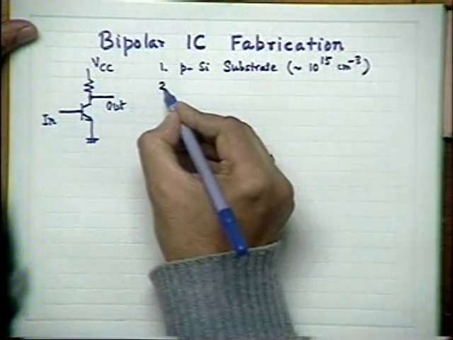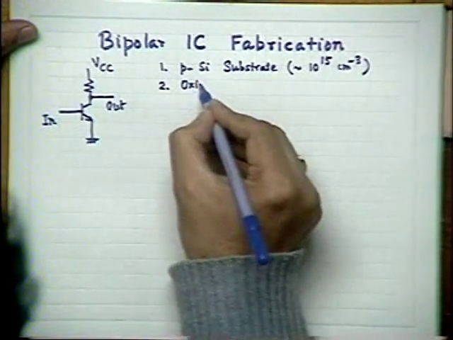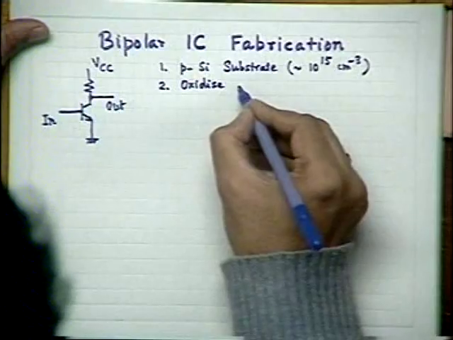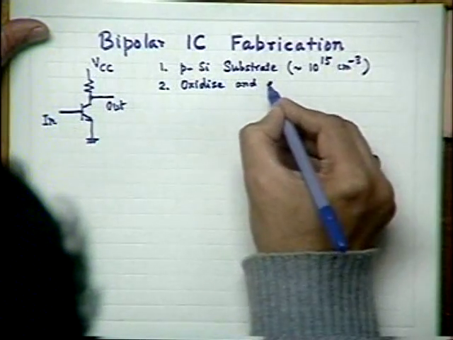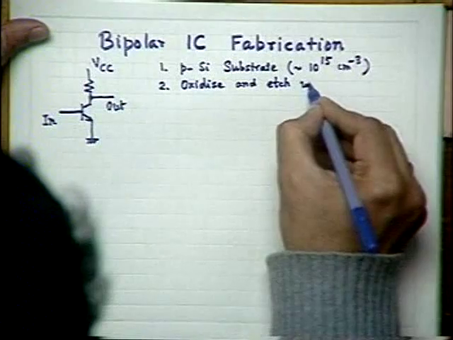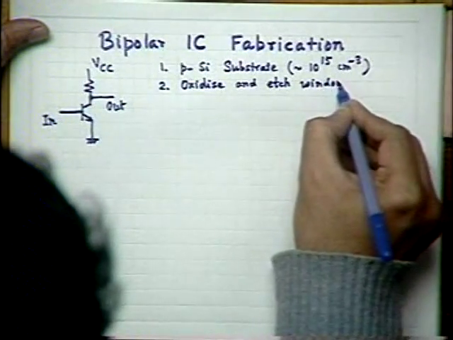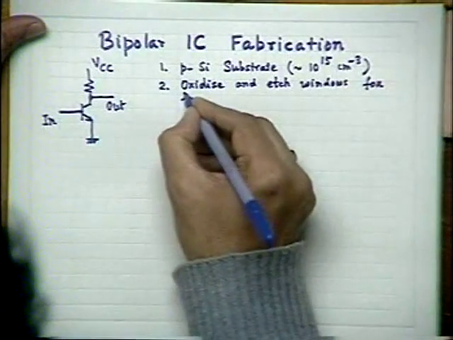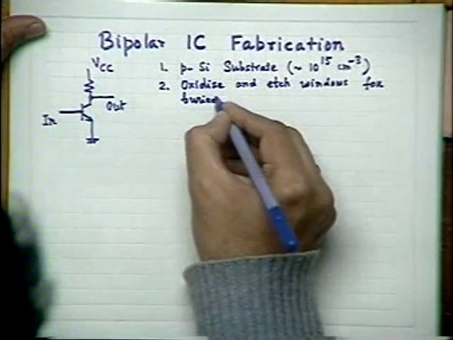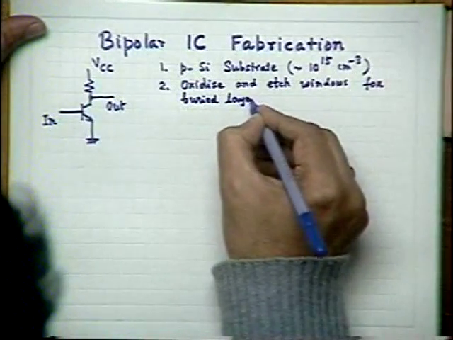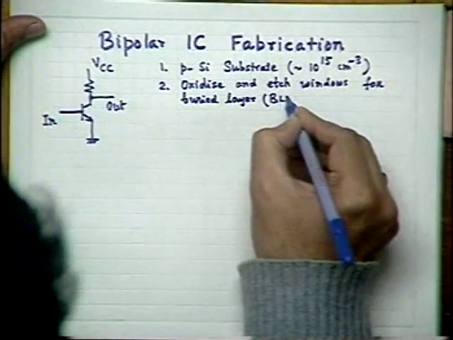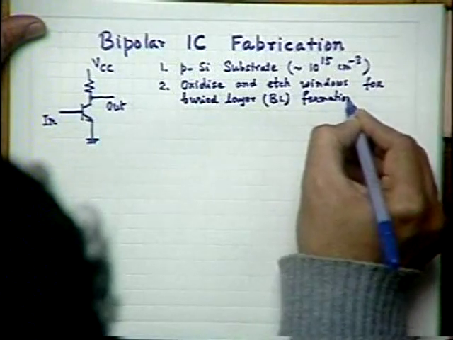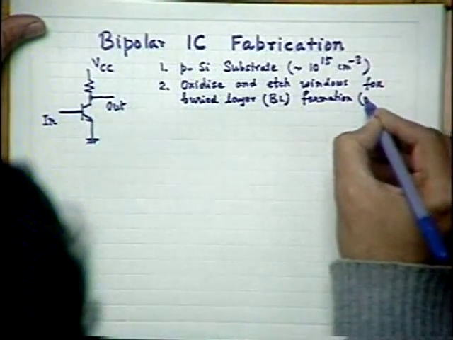Then you oxidize and etch windows for buried layer formation, and that involves mask number 1.